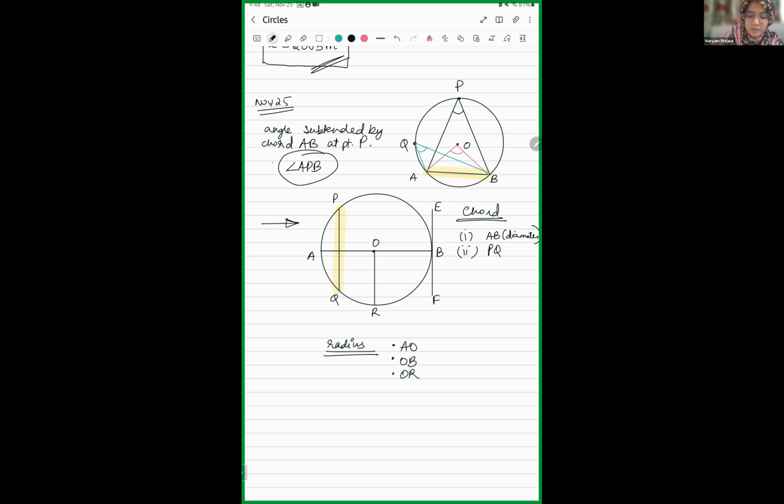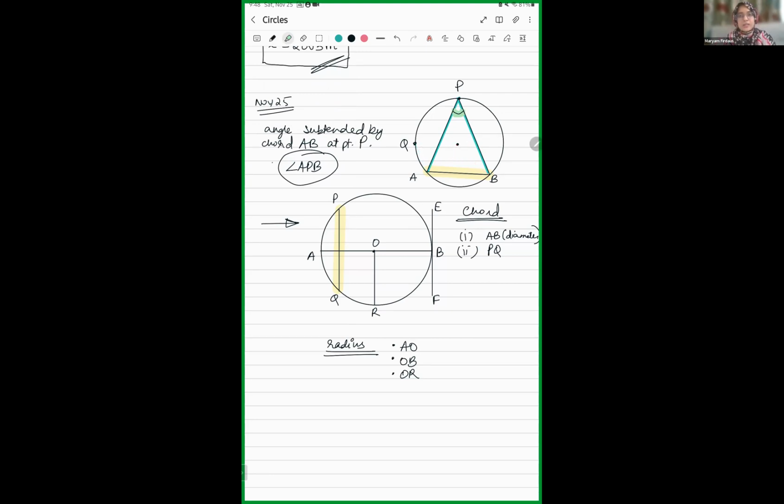Which angle are we talking about? We are talking about this angle. Angle APB. This one. Understood? This is called the angle subtended by AB at point P.